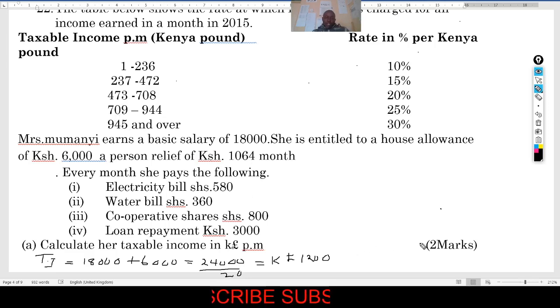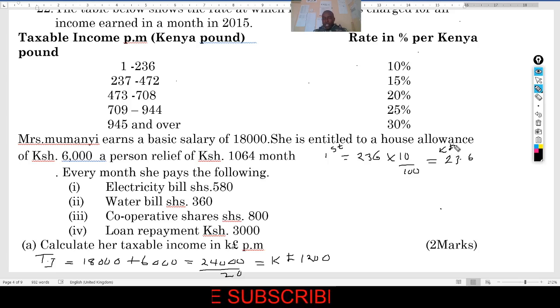So, to get the tax slabs now, so that we find the PAYE. The first slab is 236 times 10 over 100. This gives you 23.6 Kenyan pounds.